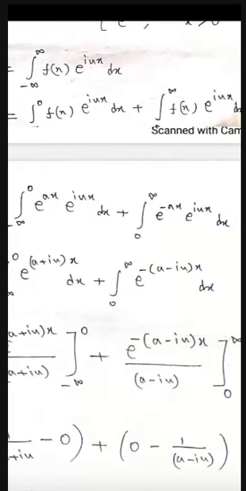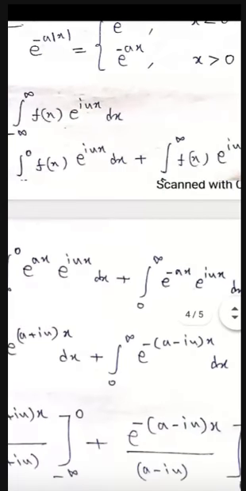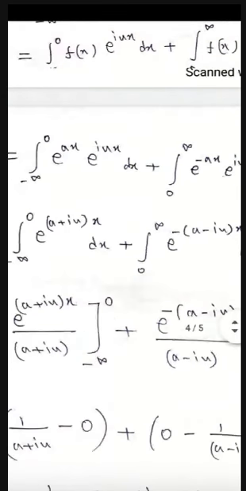So if e power ax and e power iux are there, these are exponentials. If the bases are the same, powers will be added. If you add a x plus iux, you can take x out as a common factor, so e power (a plus iu) of x.